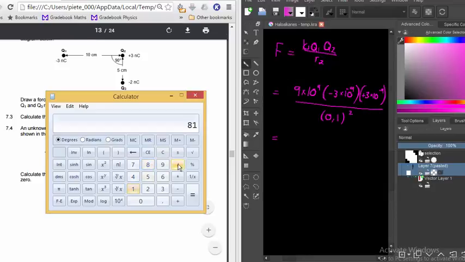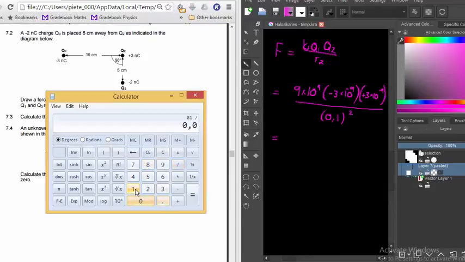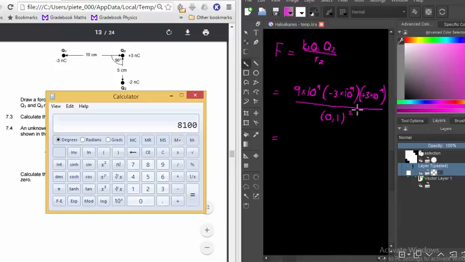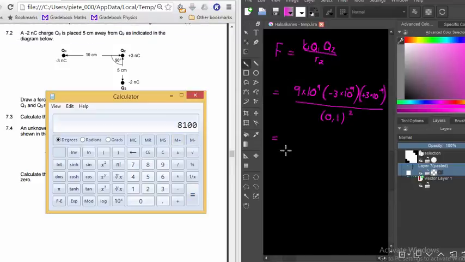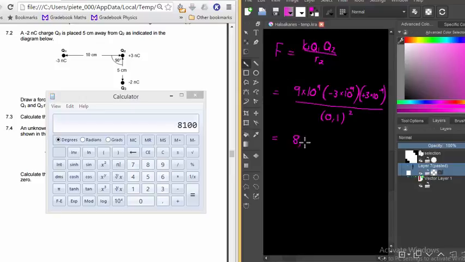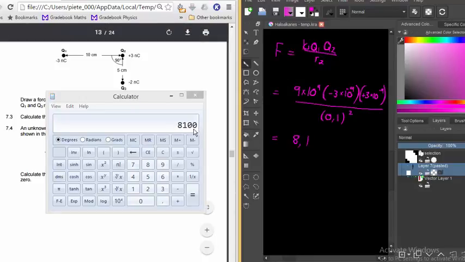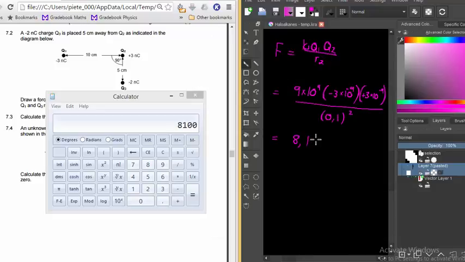So 81 divided by 0.1 squared, and it's negative 81, and so that is 8.1 times 10 to the power of 3, plus 9, because I haven't done the 10s. So 3 plus 9 is 12. 12 minus 18 is negative 6.